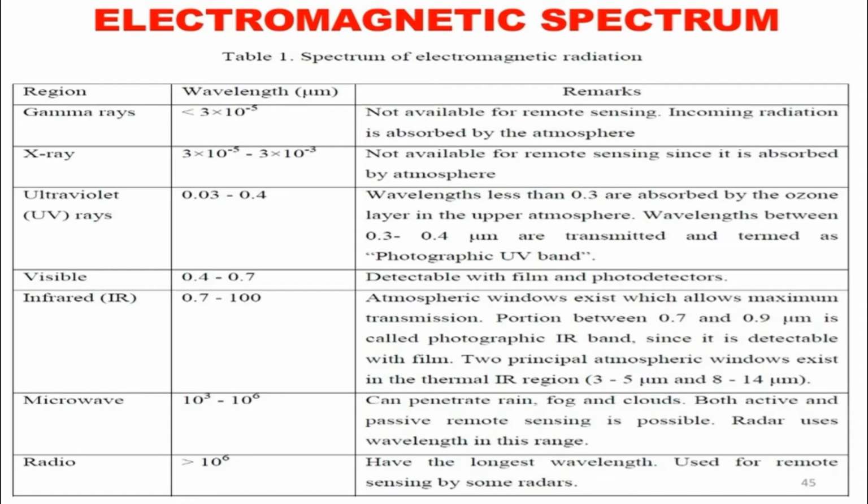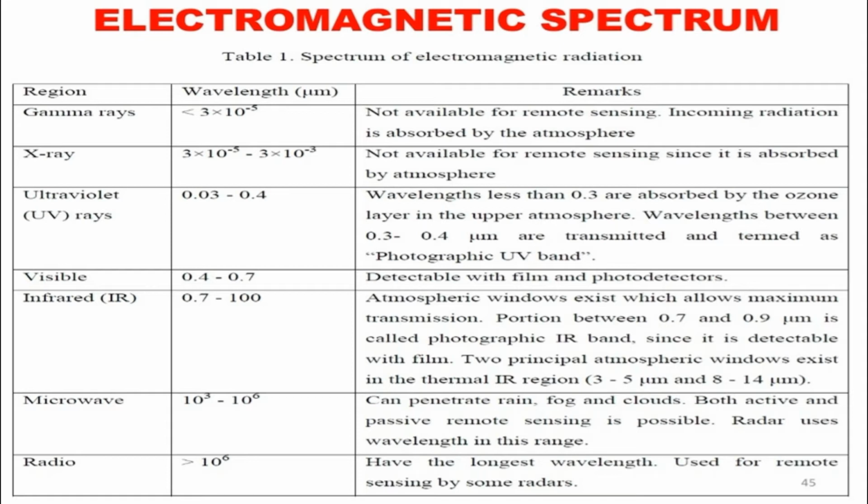Next is the visible. Generally, visible remote sensing has some limitations: it is detectable with film or photo detectors, and obstructions cannot be seen by the visible wavelength. Now next is the infrared. That wavelength is 0.7 to 100 micrometers.